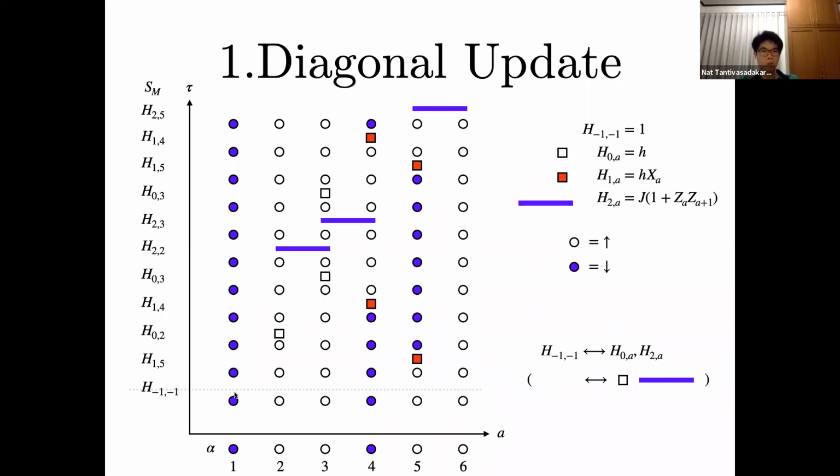I go through this and insert one of these here. That's valid, so I've gone through another valid configuration. Now I move to the next step and I find a non-diagonal gate. In this case, it's Pauli X. I can't do anything about it, so I just move forward.